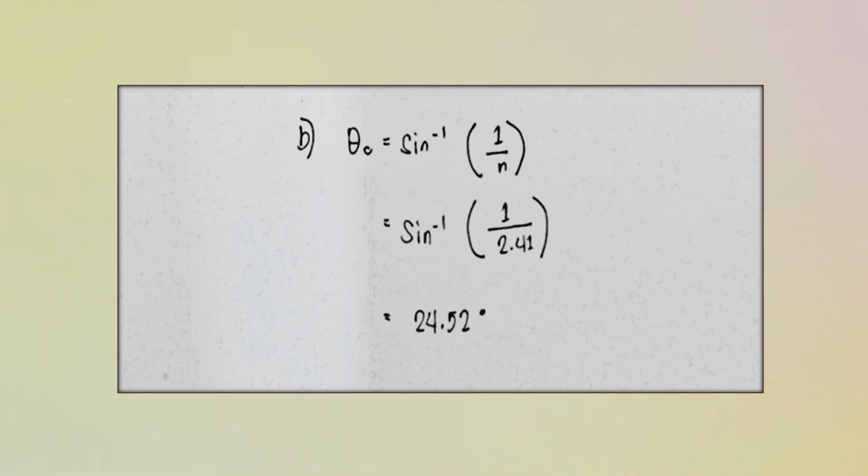Okay, so for letter B, we have to get the critical angle of diamond. And we all know that the formula for the critical angle is theta is equal to sine negative 1 times 1 divided by n.